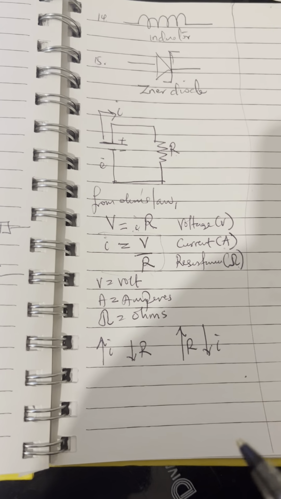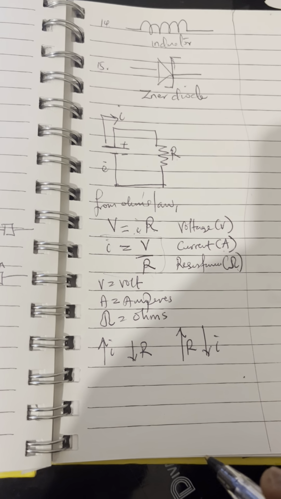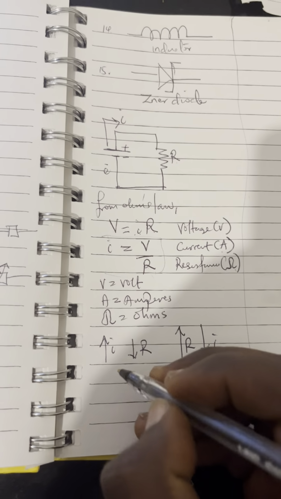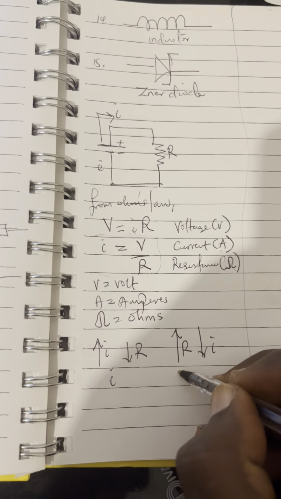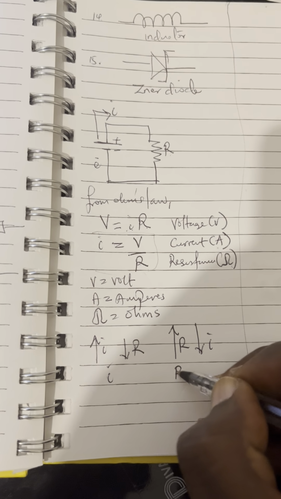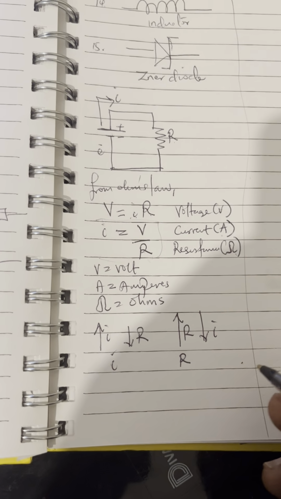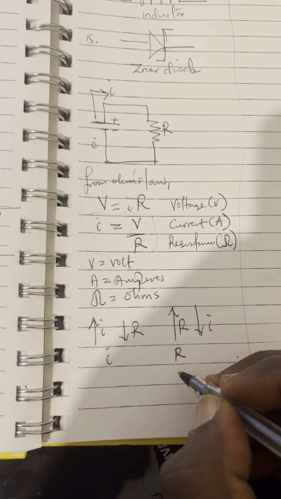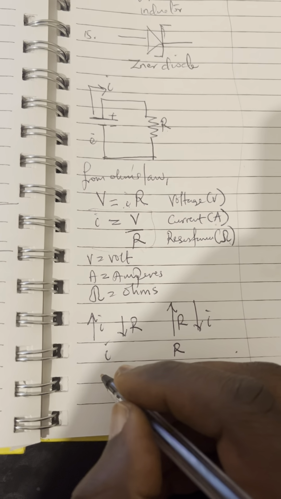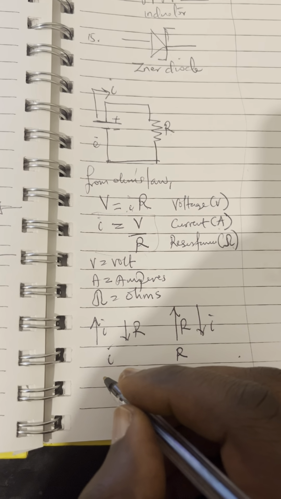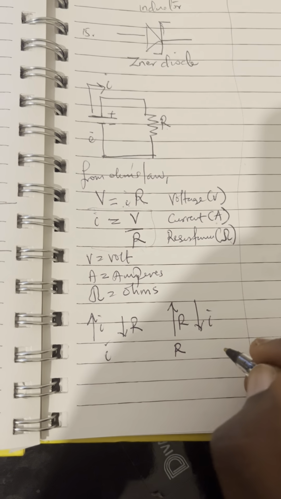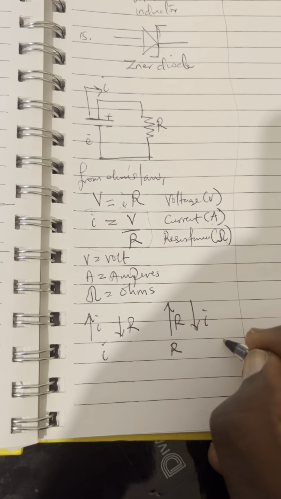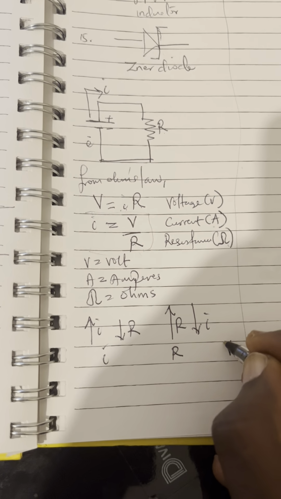Let us plot a small graph. Let's say we have our current and we have our resistance. Let's say our voltage is constant.